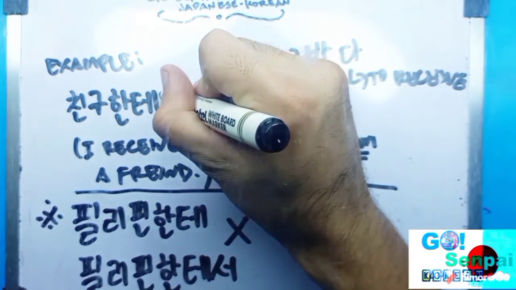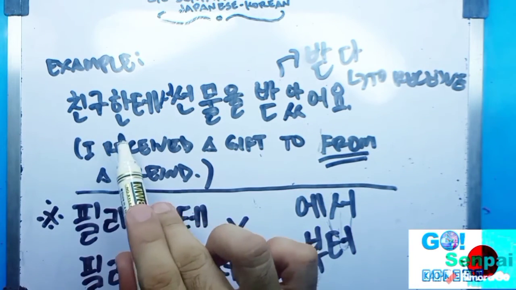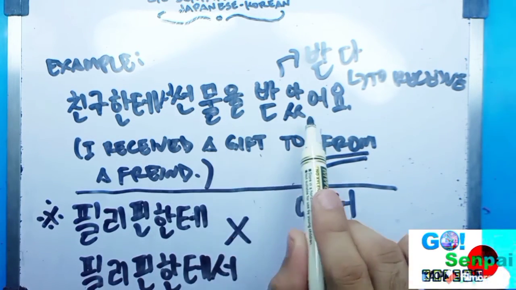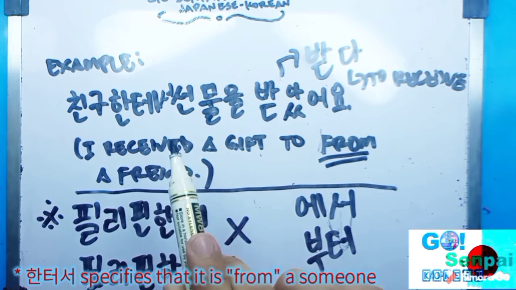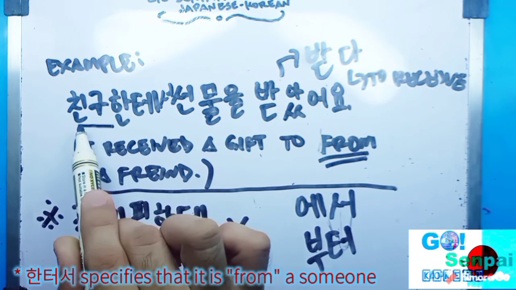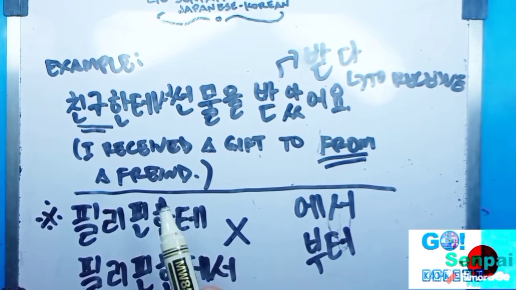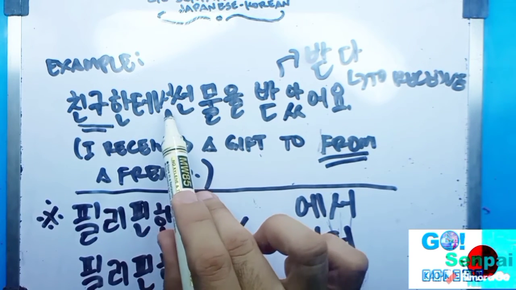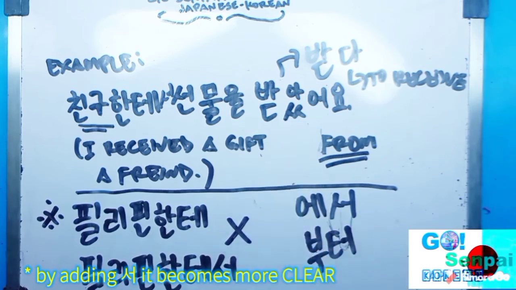So by adding so here, hanteso, 친구한테서 선물을 받았어요, it just specifies that it is from a friend, 친구. Because of so, it becomes more clear.